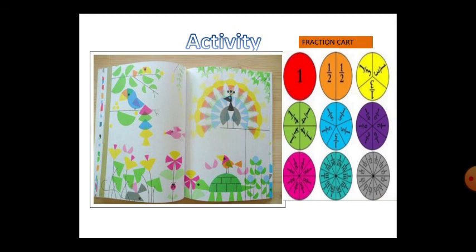Whole means 1. So 1 divided into 2 equal parts means it will be 1 by 2, 1 by 2. 3 equal parts means 1 by 3, 1 by 3. If you want to make a shape, you have to use this fraction chart and make this activity. Neatly, any one bird you made you have to draw by using fraction cuts.